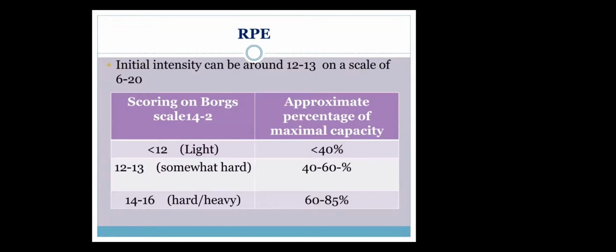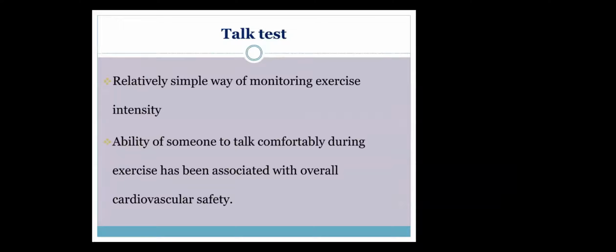As I said, if you have HR max, you will always rely on Karvonen's formula. But if you don't have any, or you want to give a home program, then RPE can also serve as an important parameter. The talk test is a relatively very simple way of monitoring intensity, wherein the individual should be able to talk to you comfortably while exercising without being too distant.